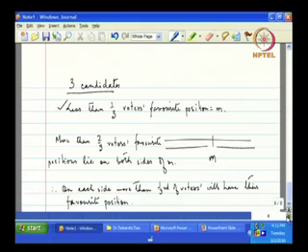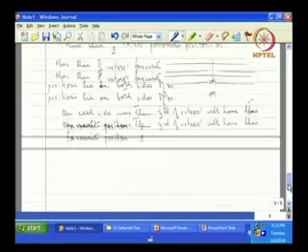So, this is something which we have to keep in mind. This is something which we are going to apply later.